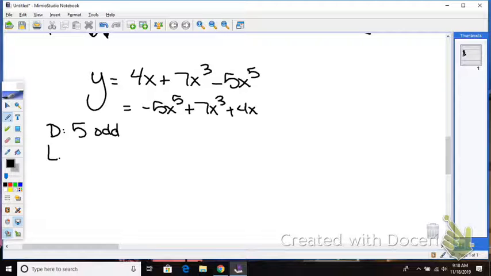And what's my leading coefficient? Negative 5, which is negative. So I'm looking at odd negative in my little chart, which should be up, down. You guys agree? Okay, I'm going to give you one for you to do on your own, and then we're going to be done.